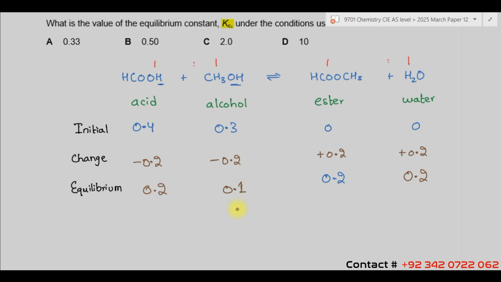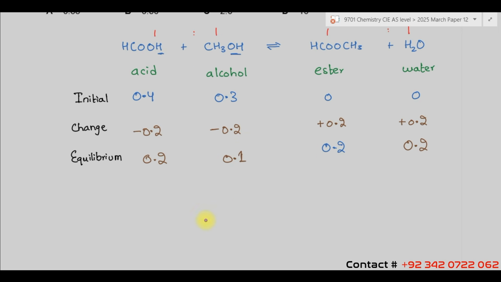Now let's find out Kc. So according to formula, Kc is equal to the concentration of products, which is ester and water, divided by concentration of reactants, which is acid and alcohol.